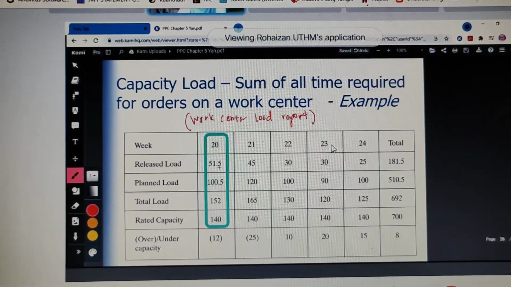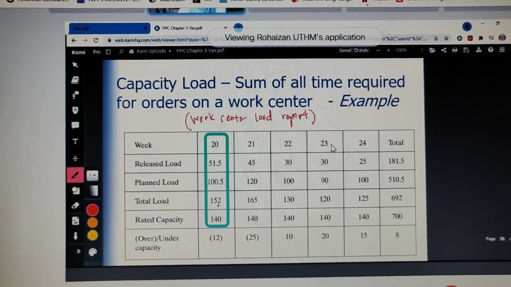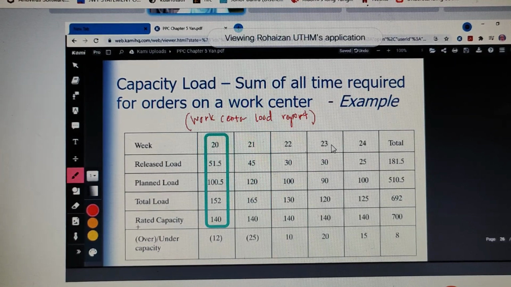So we have these two, and our total load is 152. Based on our calculation, rated capacity, what is the formula? Available multiplied by utilization, multiplied by efficiency, right? So we got 114.